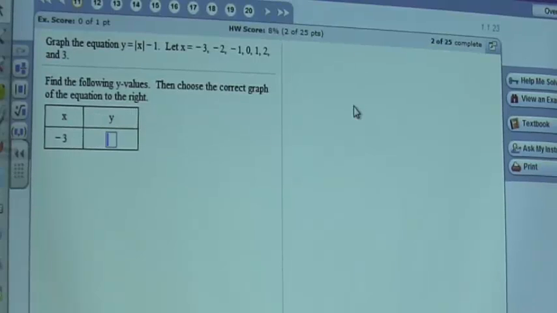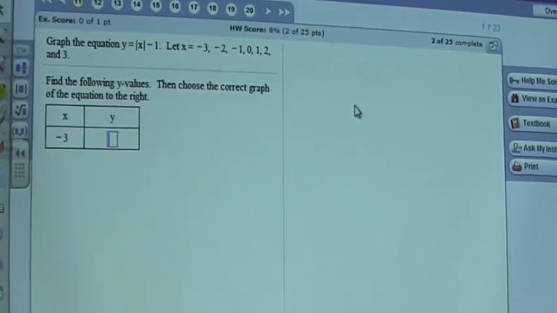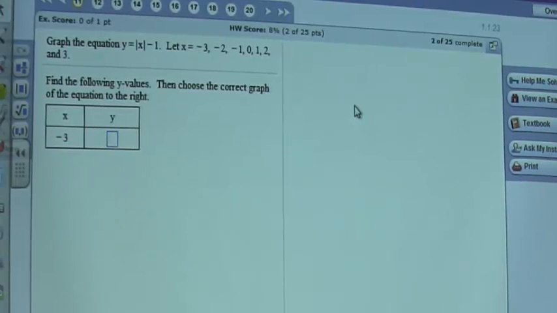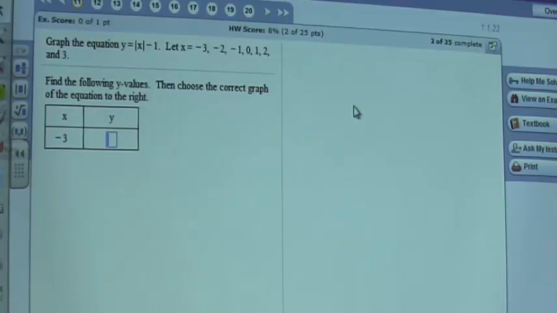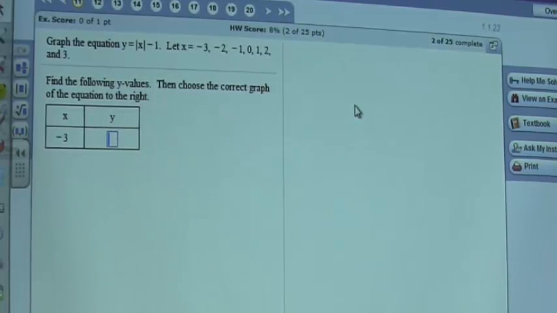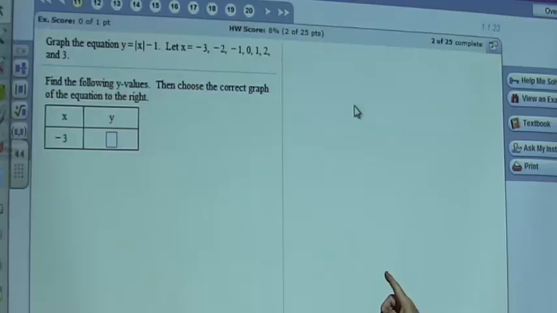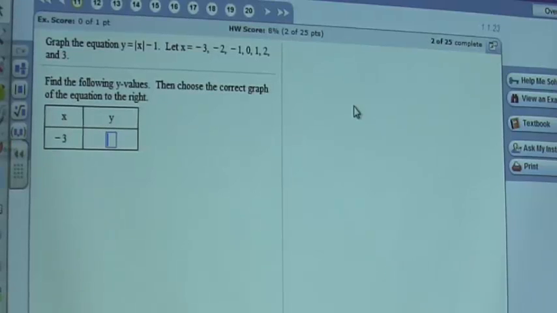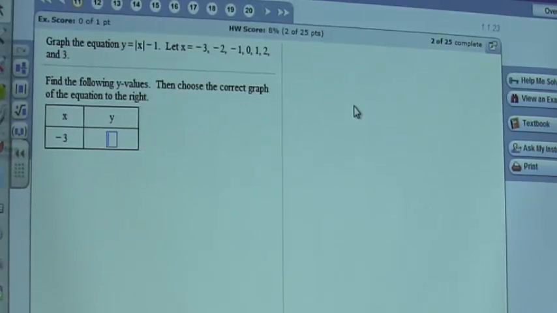So it's the same result. One is more professional in the math sense than the other, but that's fine. We will get to the same place either way. So if I take y equals the absolute value of -3, I will get 3. Minus 1 would be 2. So my y value here would be 2.